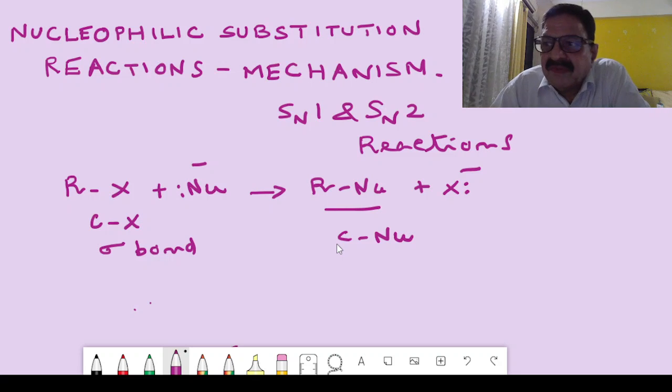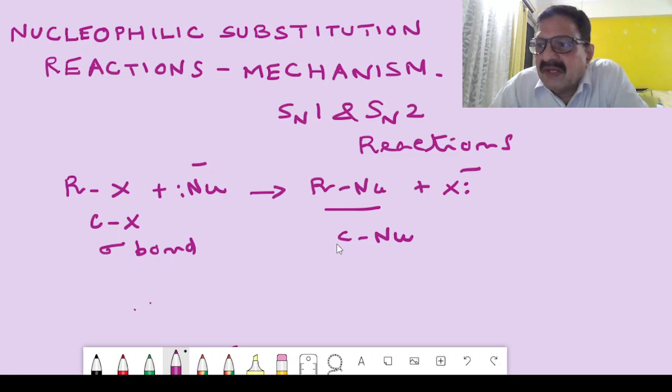Correct? So to understand the mechanism of the reactions, we must know the timing of these two events. What is the order of the bond breaking, and what is the order of the bond making? There are three possibilities we can visualize. The first possibility is that the bond breaking and the bond making take place at the same time.